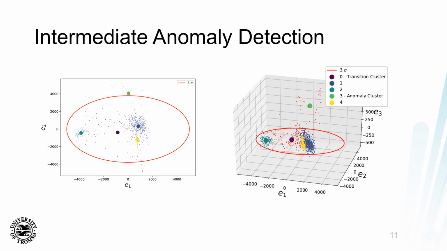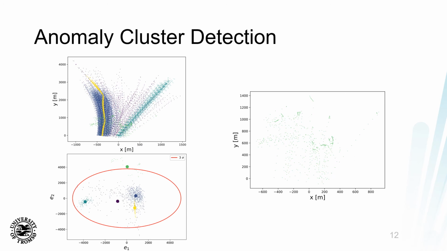This is again facilitated via spectral anomaly detection. In this lower dimensional space, it should be easier to identify anomalous behavior. Here we see the projection of these various clusters in a two-dimensional space and a three-dimensional space. What we find is that the clustering algorithm is actually able to identify entire clusters of anomalies.